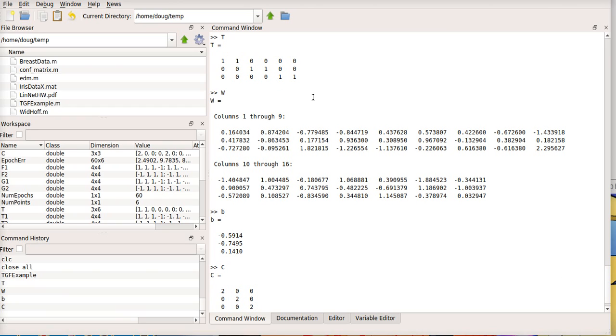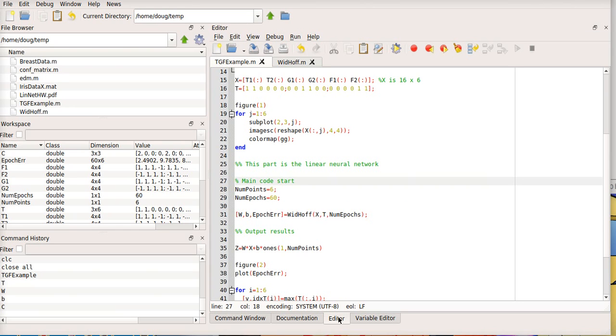Now what was important about this example that I really wanted to emphasize, because you might be realizing that we did not have to use Woodrow-Hoff in order to solve this problem, right? Because this is just a straight W times X plus B equals Y kind of thing, right?